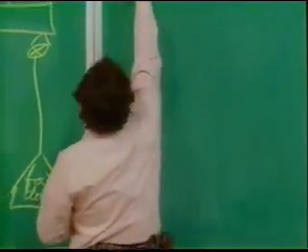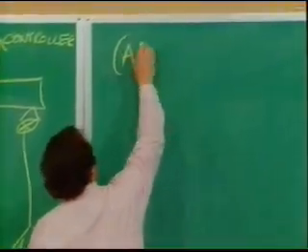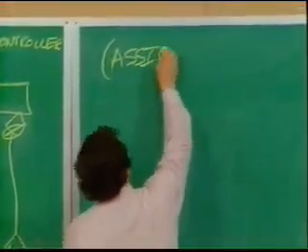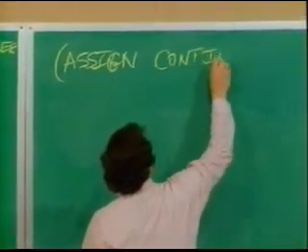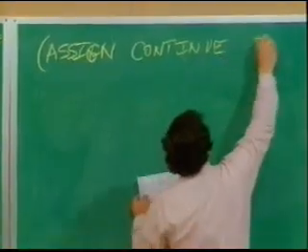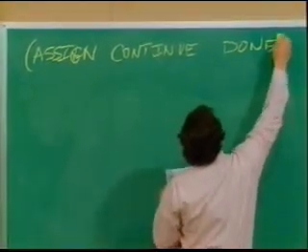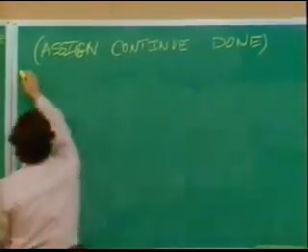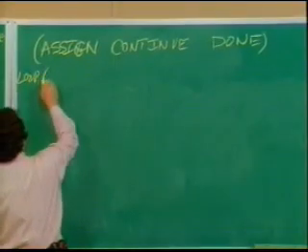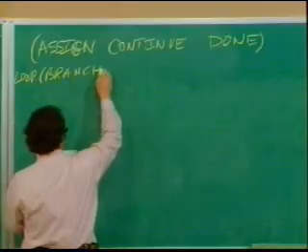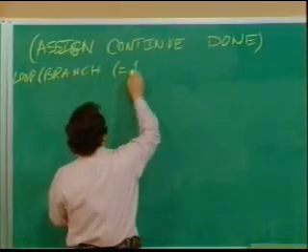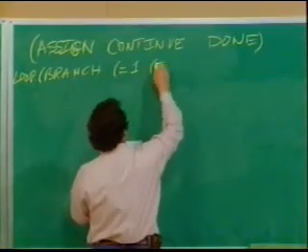Okay? So we have assign continue to done. We have a loop which says branch if equal 1, fetch n.